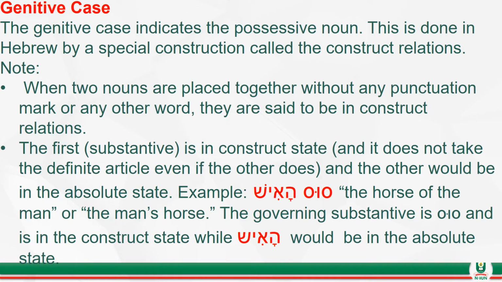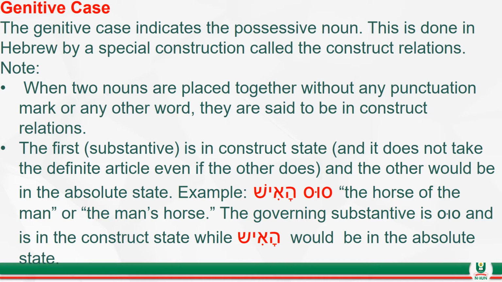Now the genitive case. The genitive case indicates the possessive noun. That is, it is a case that indicates a possession. This is done in Hebrew by a special construction called the construct relation.